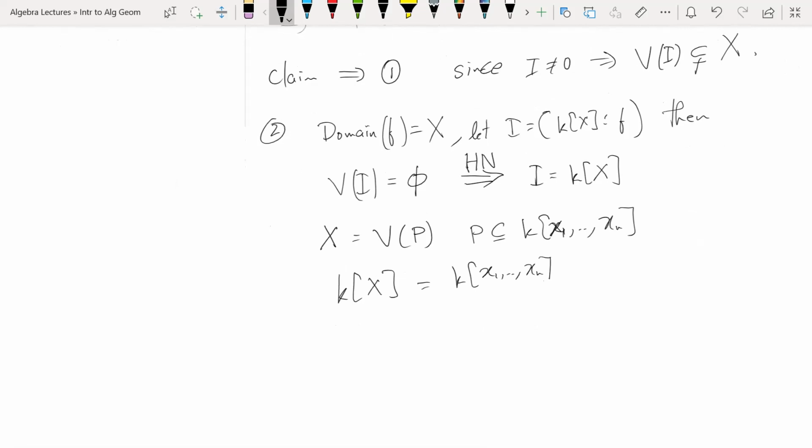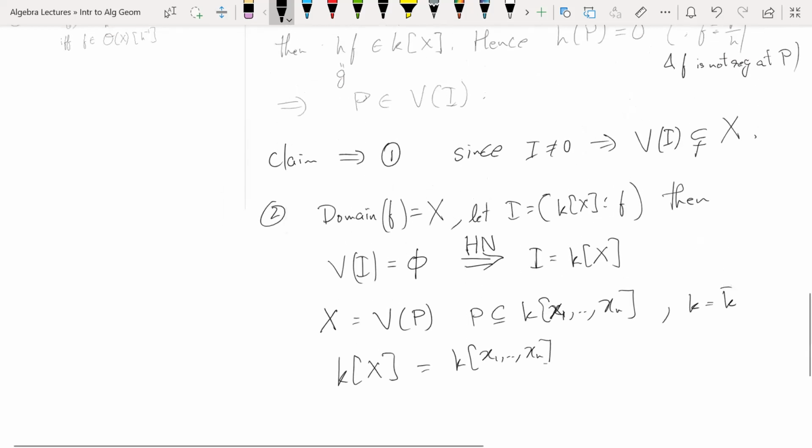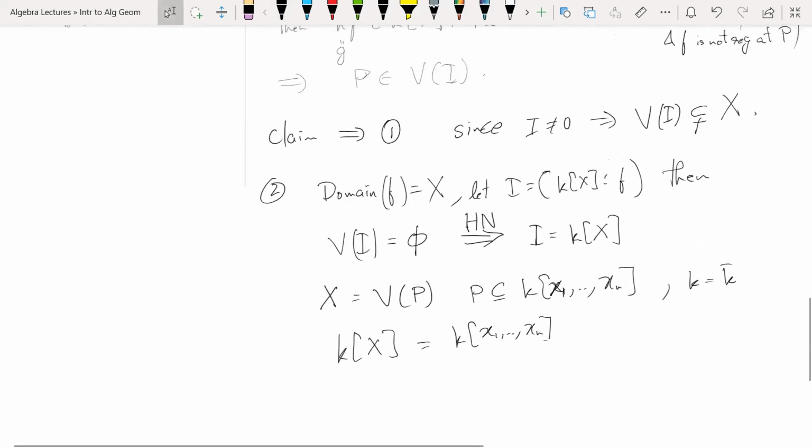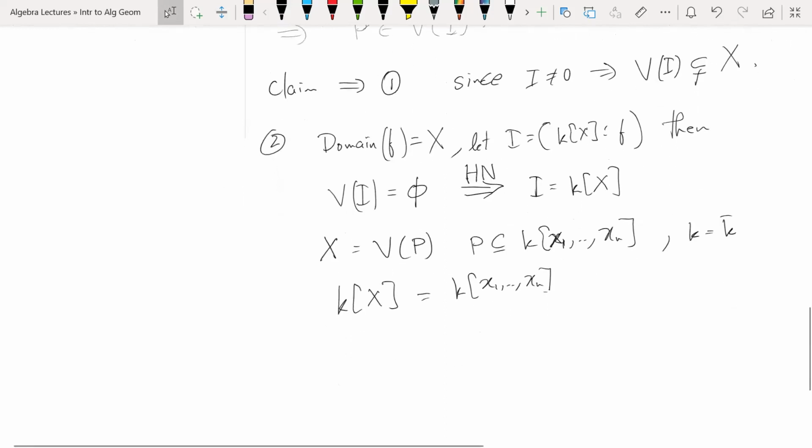All this statement which we have, we showed for k algebraically closed. Otherwise, affine varieties we have defined only in this case. Otherwise, we have to take maximal ideals, and again it works out.